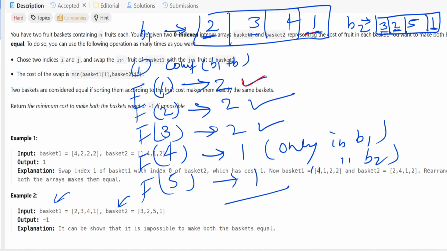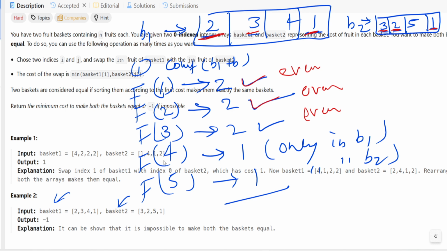When we talk about this 2, we have 2 here and here. We can swap it because it is even, no problem. You can see 3 is there, 3 is also here, we can swap it. It is also even, so there is no problem.